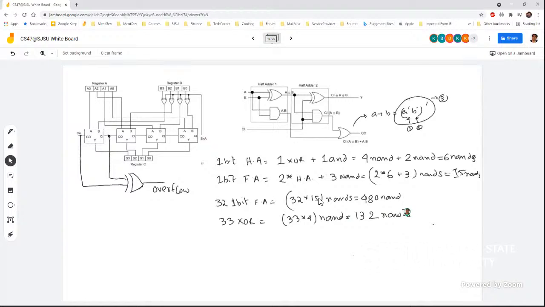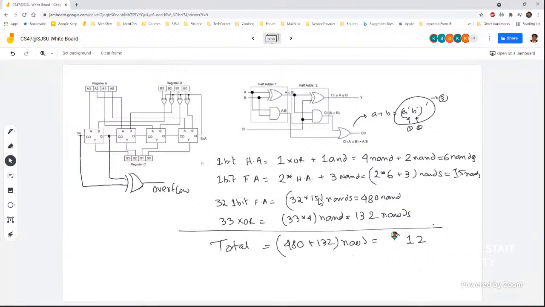Then in total, we need 480 plus 132 NANDs, which is 612 NANDs.